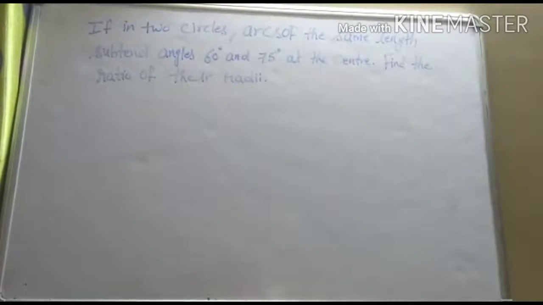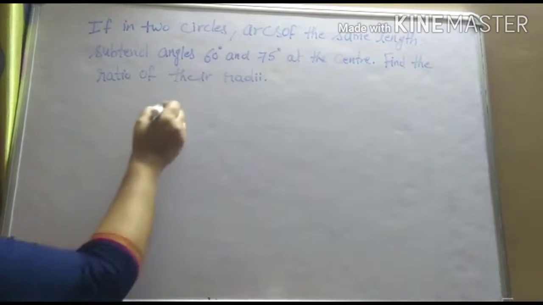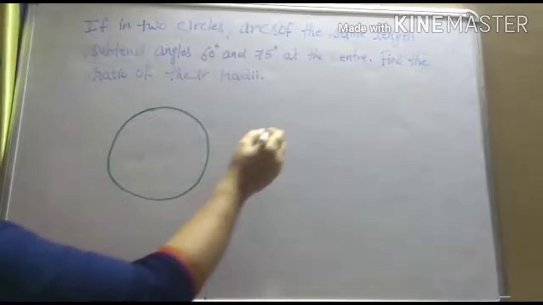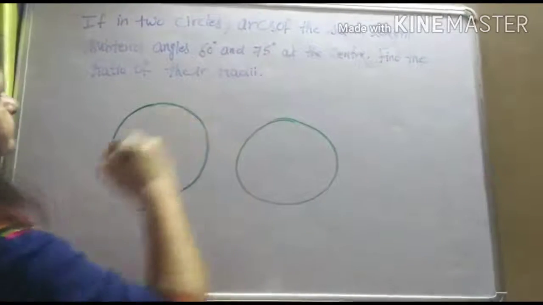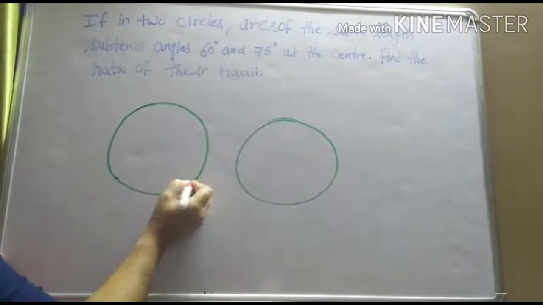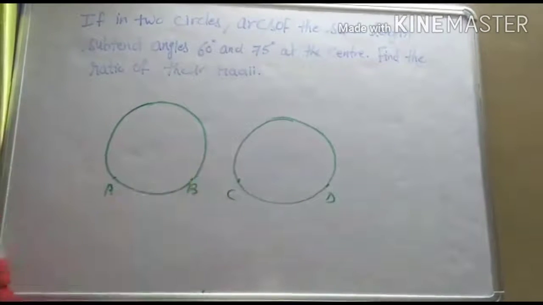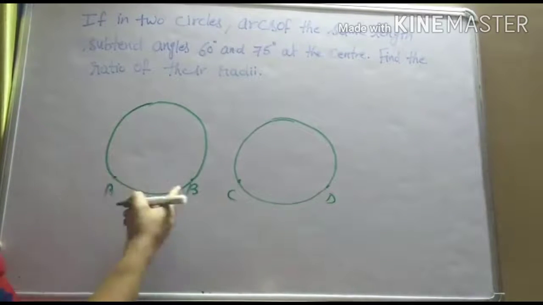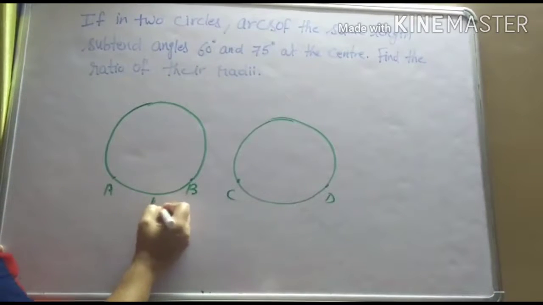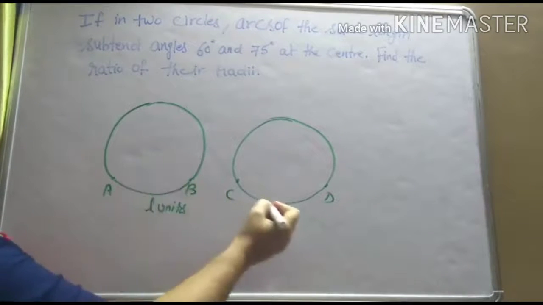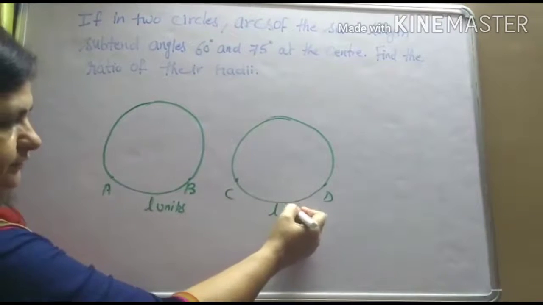Now the next statement is, if in two circles arcs of the same length subtend angles 60 degrees and 75 degrees at the center, then find the ratio of their radii. We have two circles. We have two arcs AB and CD. Both are of equal length. So let the length of arc AB be L units. Similarly, CD is also L units.